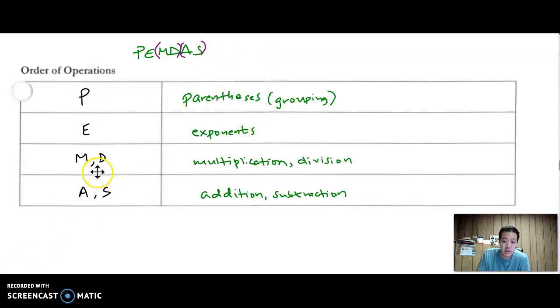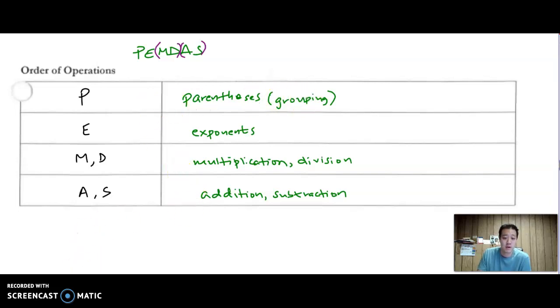Here's just a quick review. If you want to write this down, you can. If you feel like you know it, then you don't have to. P stands for parentheses, and here I said grouping, so it's not just parentheses; if you have parentheses, brackets, or braces, as long as things are grouped together.